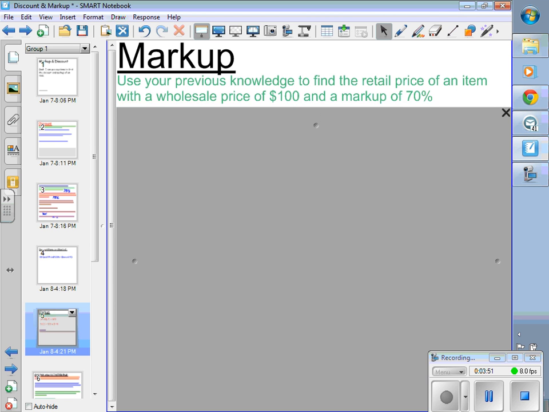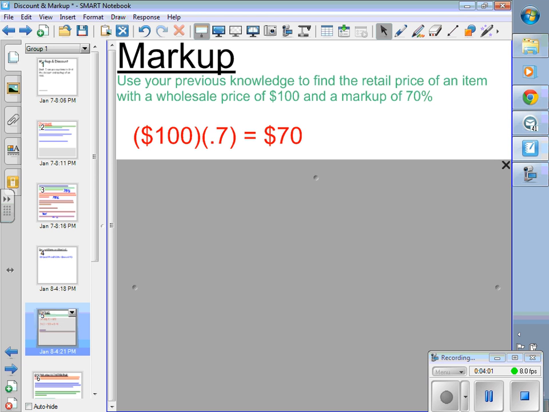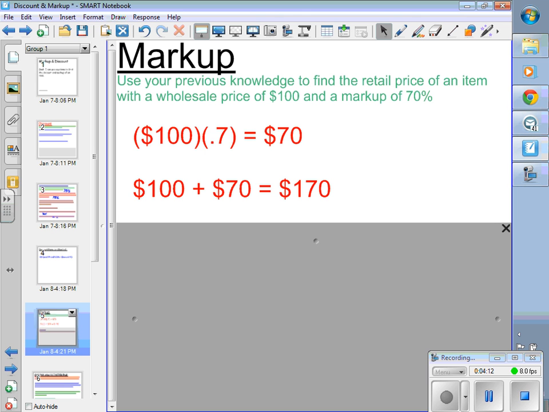All right, so using our previous knowledge to find the retail price of an item with a wholesale price of $100 and a markup of 70%, we've got $100 times 70%, or 0.7, which is equal to $70. So we take the original price of $100 and add that $70 markup and we get $170.